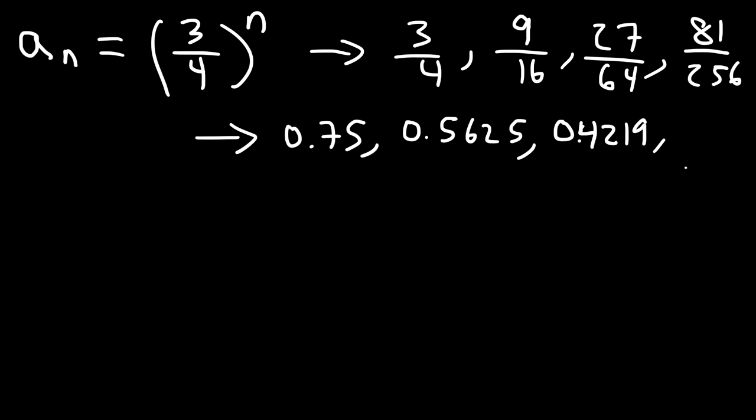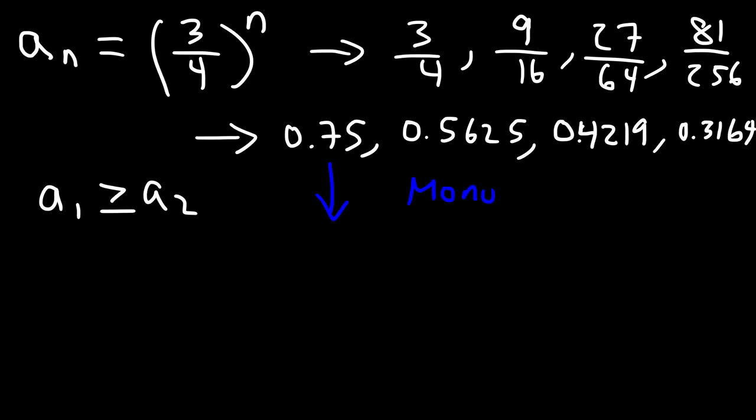And then 81 over 256 is approximately 0.3164. So we can see that the numbers are getting smaller and smaller. So the first term is greater than the second term, or the second term is less than the first term. So this appears to be a decreasing monotonic sequence.